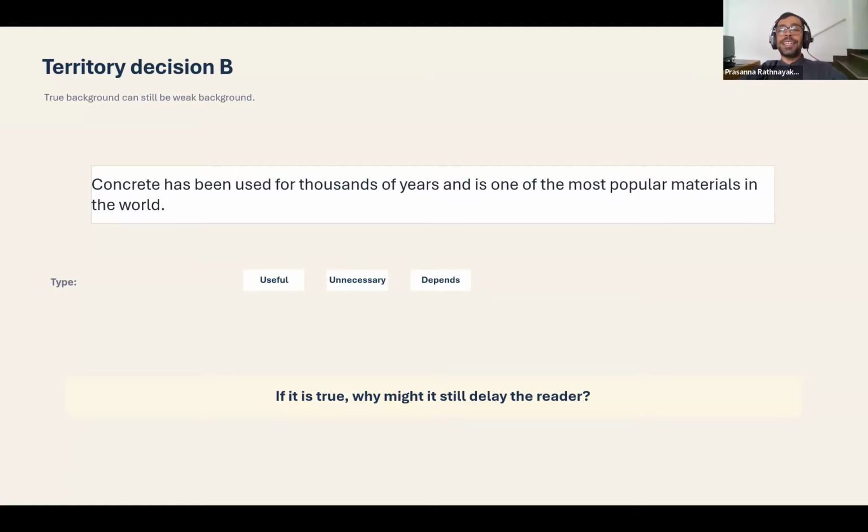To be frank, this actually delays the reader from entering the real research problem, doesn't it? Reviewers often complain when introductions are too broad or when the background is not clearly related to the objective of the paper.